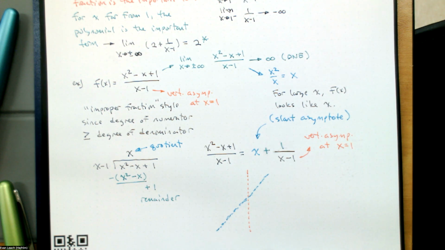So we're getting a very similar function to the hyperbolas that we had before. It's just that we're taking that horizontal asymptote and pushing it up at an angle.